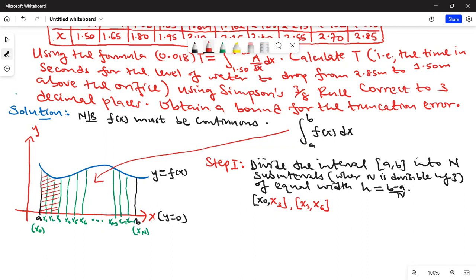So again, we pick these other 3 strips. And lastly, we'll have xn minus 3 to xn. So there are so many of those intervals.